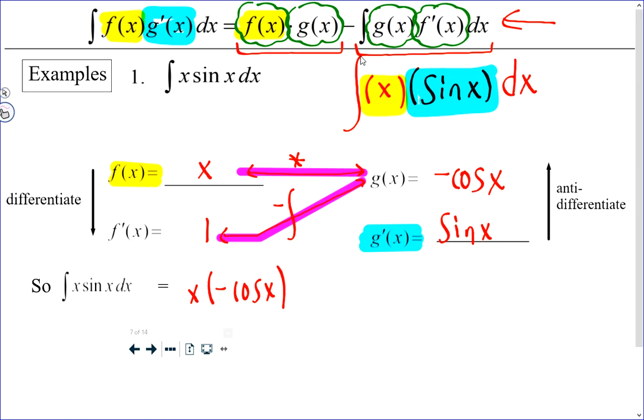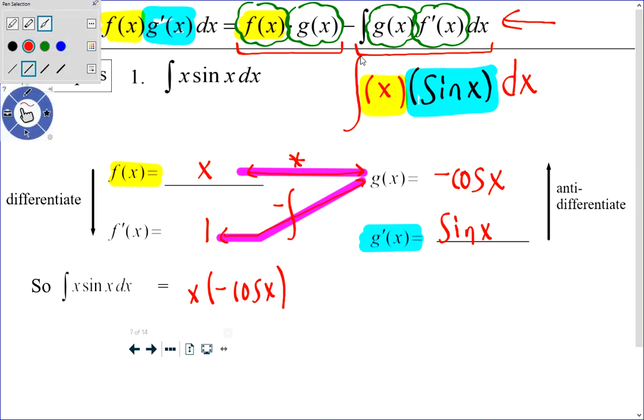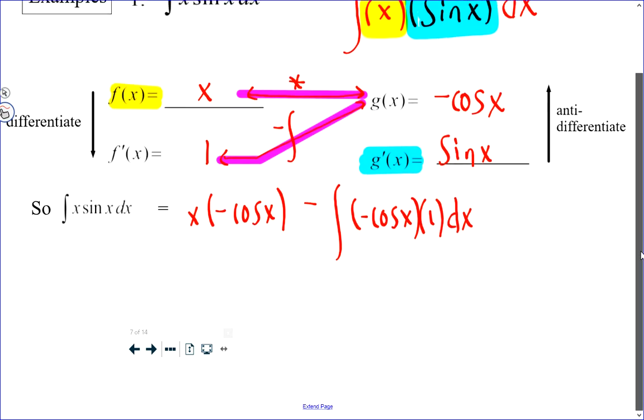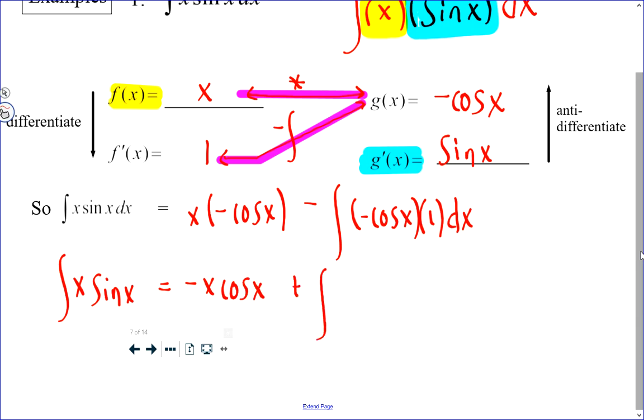So now I can go ahead and do that second half of my formula. I will have minus the integral of the product of g of x, which is negative cos x, multiplied by f prime of x, which is 1. Of course, we throw in the dx for good measure. I can simplify this now. The integral of x sine x dx equals negative x cos x plus the integral of cosine of x dx.